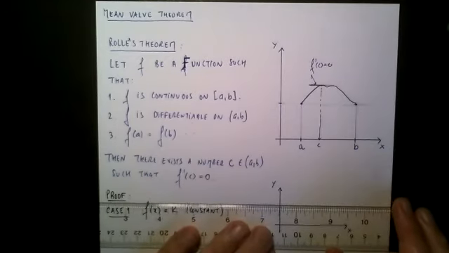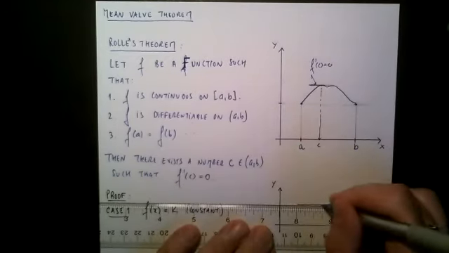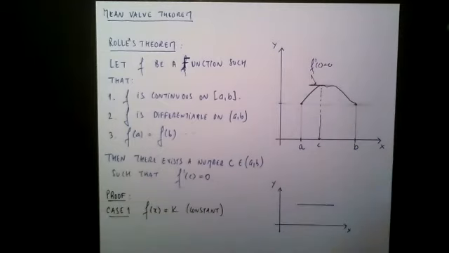It means the function is flat like this, constant. So it's pretty obvious that any value c between a and b has a slope of 0, so the theorem is satisfied.